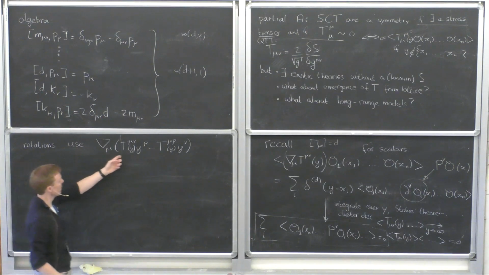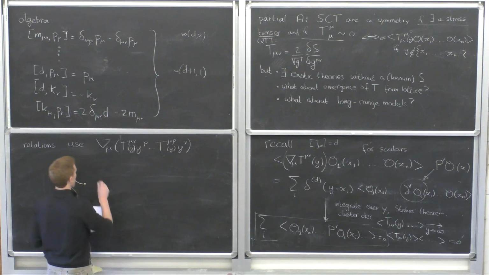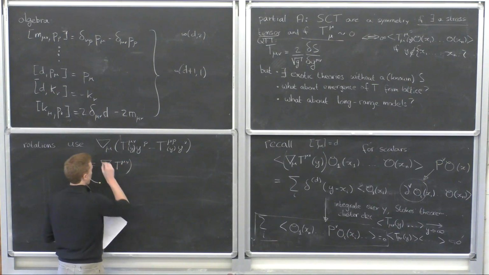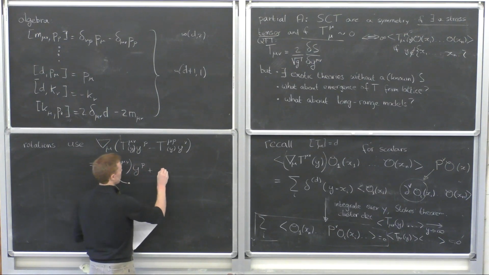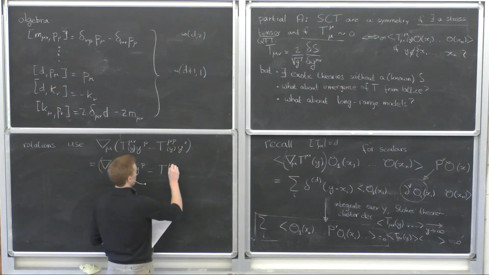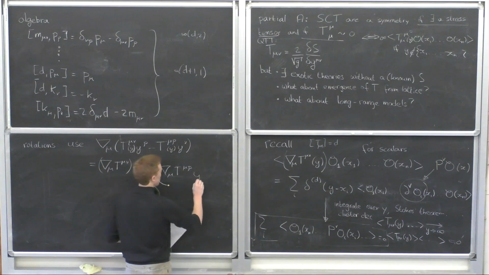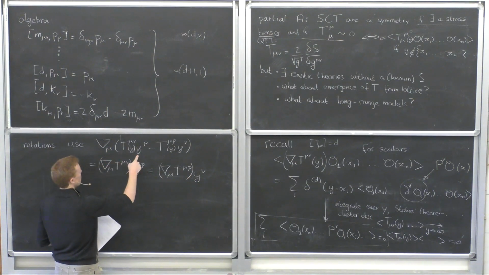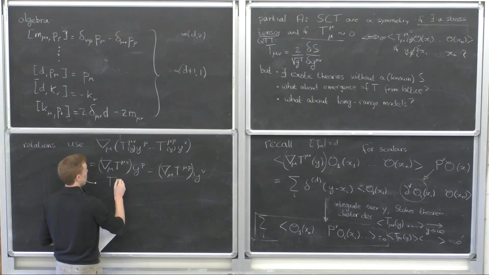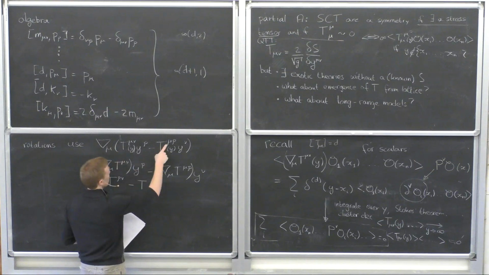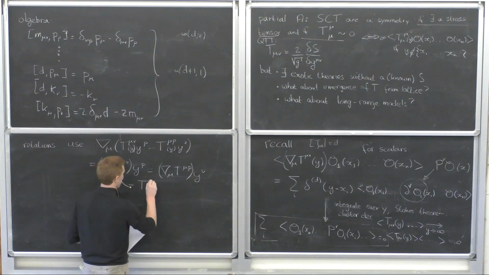And the reason that this is 0 away from contact points is that, of course, this is equal to delta mu, T_{rho nu} minus T_{mu rho}.